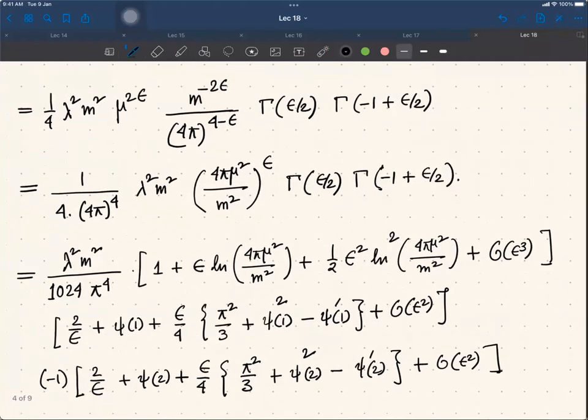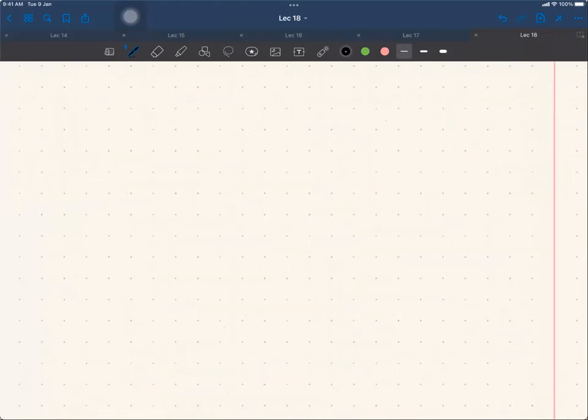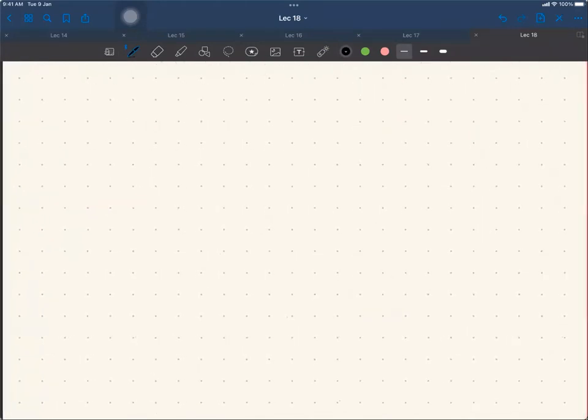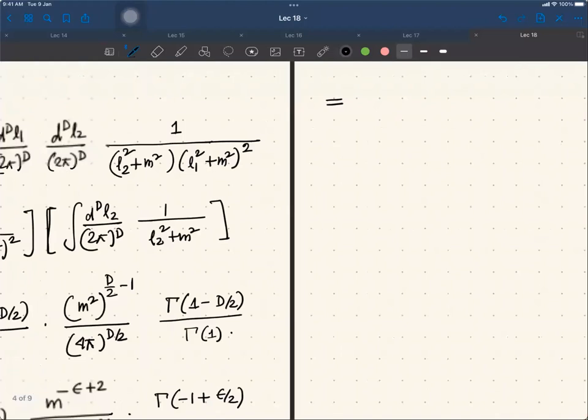So let me now write down, let me finish this calculation on this side. So I have to just expand these products.